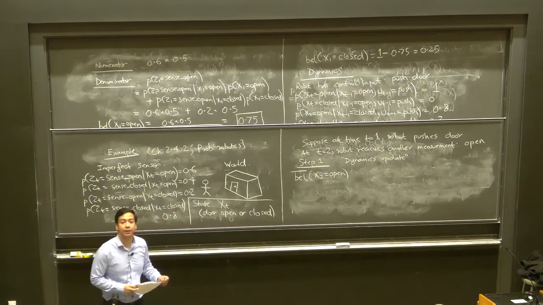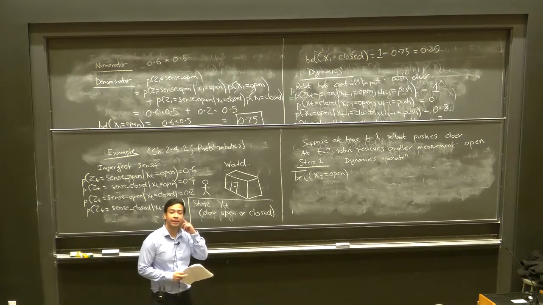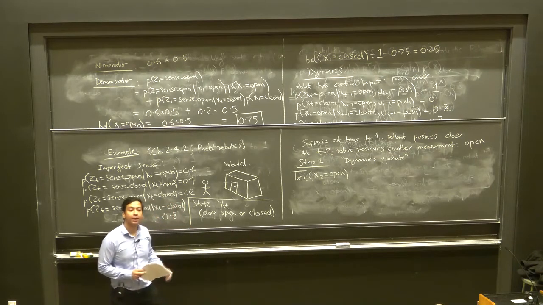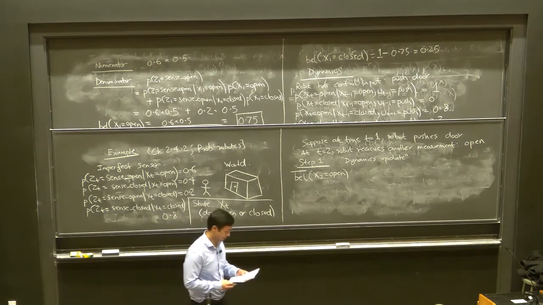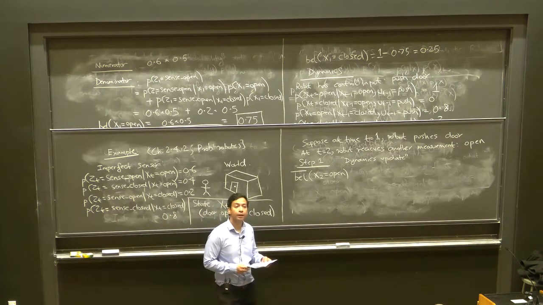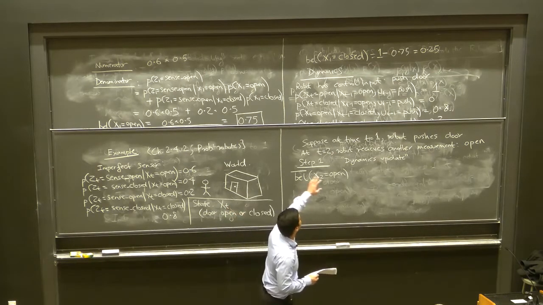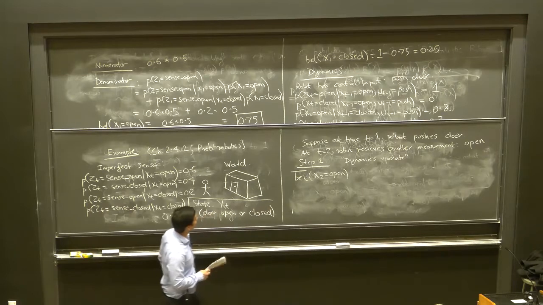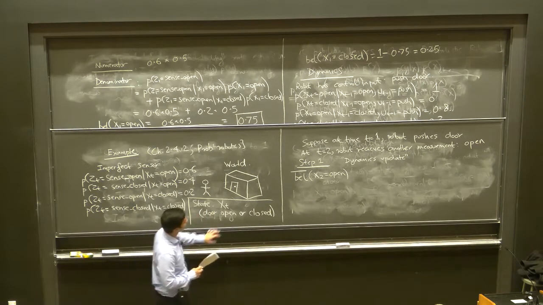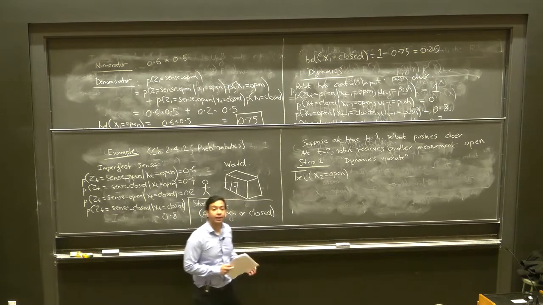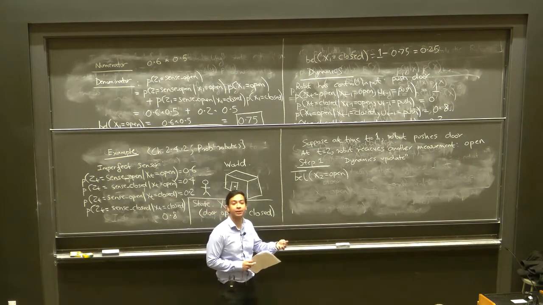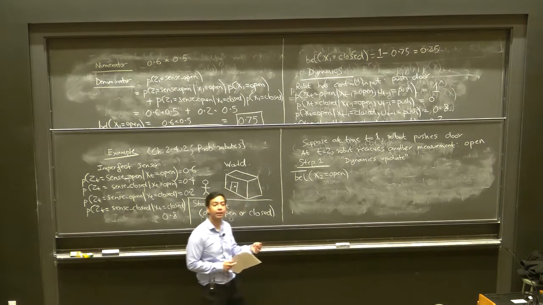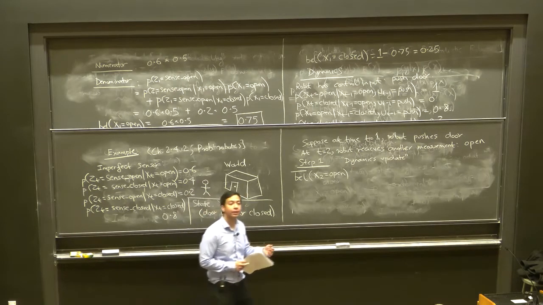How should we calculate this? Any thoughts? We know the action that the robot took, right? It's pushing the door. How can we calculate its updated belief, knowing that it pushed the door? Go ahead.